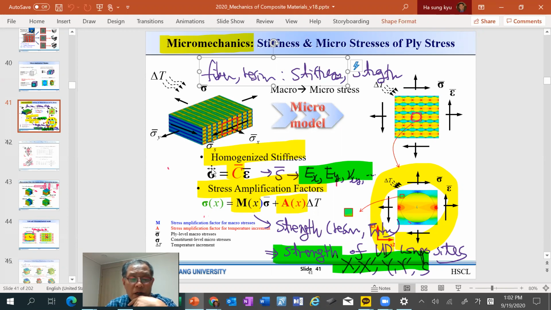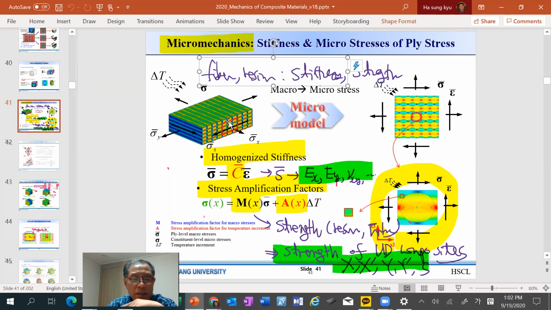Well, what I meant by macro is that we have a ply. Ply means one sheet, you can say one sheet of the prepreg composite lamina, and let's consider it as one homogenized thin plate.